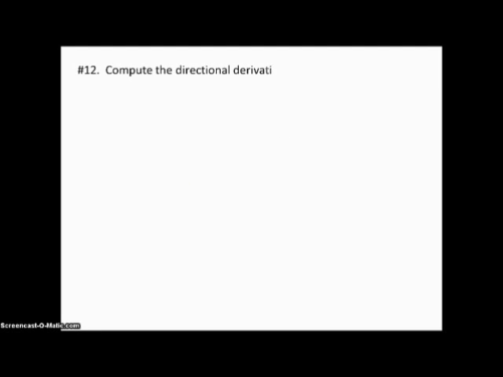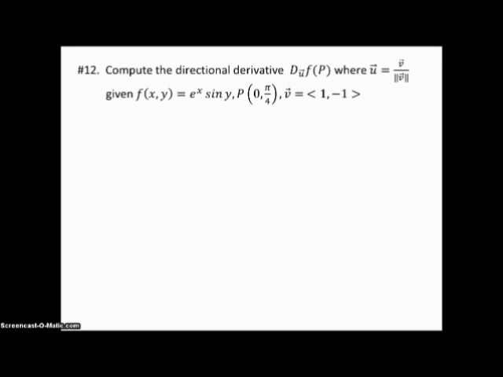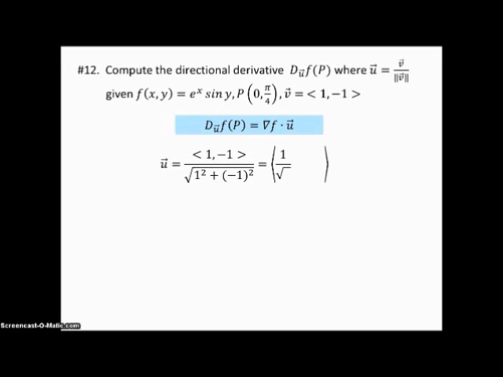Number 12, compute the directional derivative where the vector u is the unit vector in the direction of v, given this function, this point, and this vector. So we're going to use this formula. We need to compute vector u, the unit vector in the direction of v, and we need to compute the gradient vector, after which we do the partial derivatives.